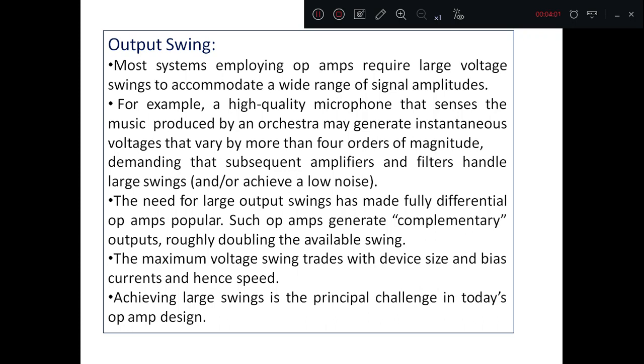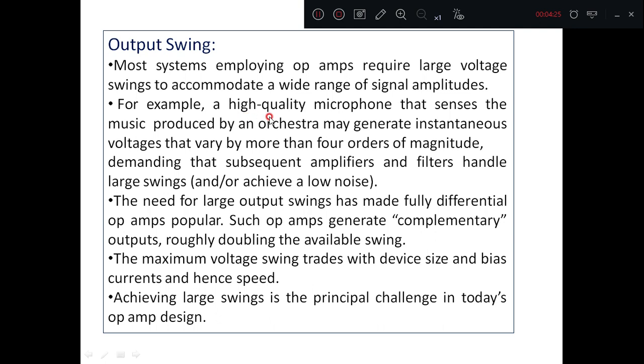Next is output swing. Most systems employing op-amps require large voltage swings to accommodate a wide range of signal amplitudes. There is an example given over here.